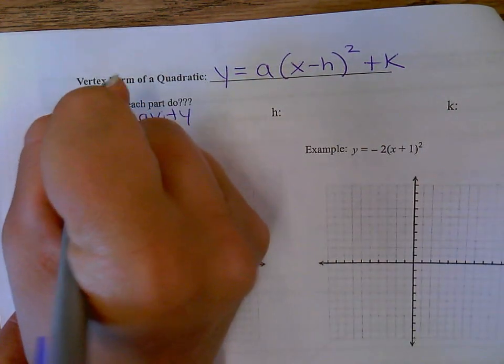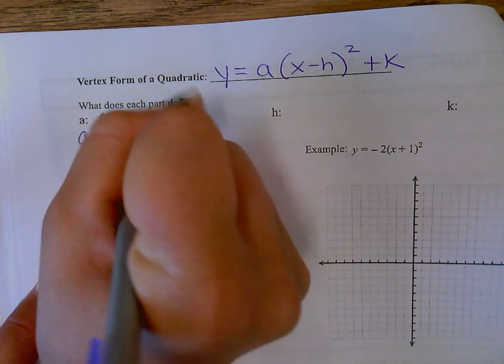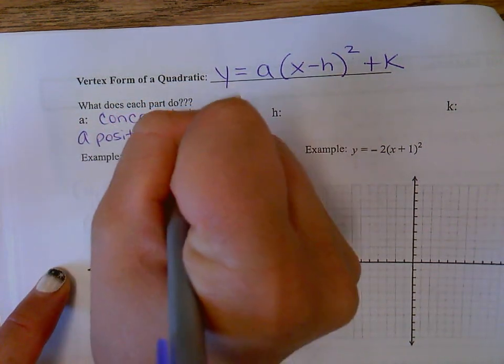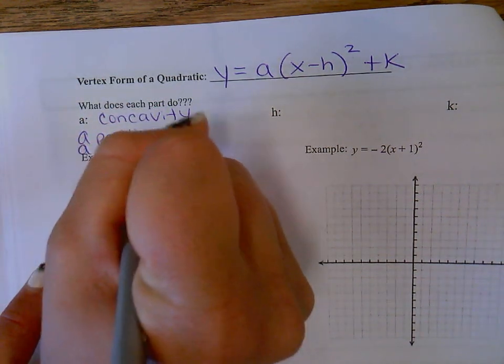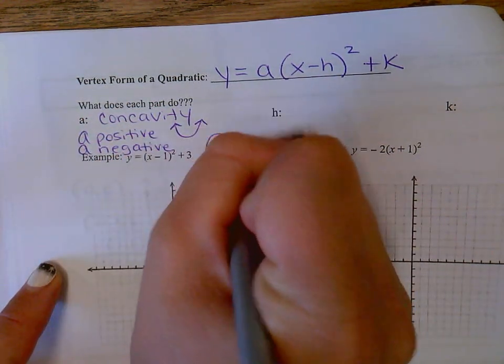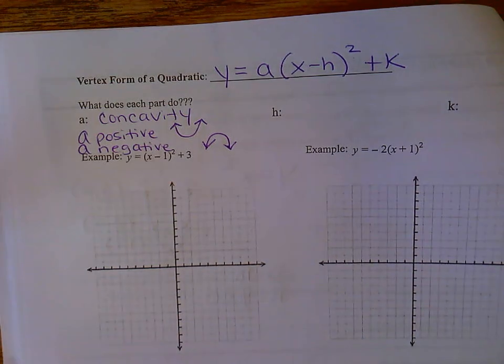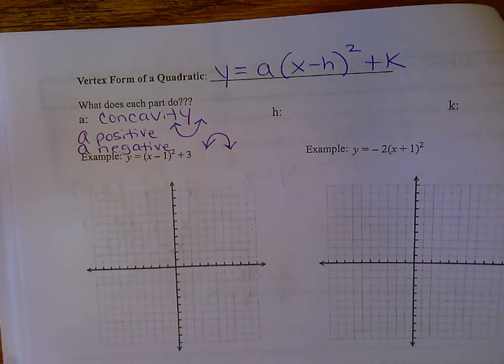So if A is positive, it's going to be a concave up parabola. And if A is negative, it's going to be a concave down parabola. And that's the same in every single quadratic. You can always tell if it's going to be concave up or concave down.